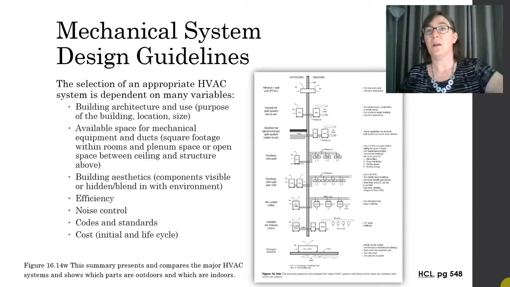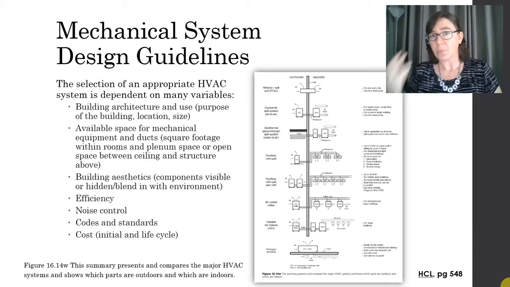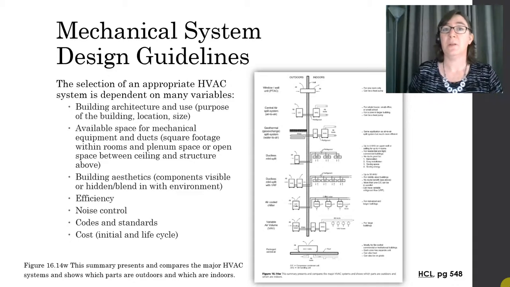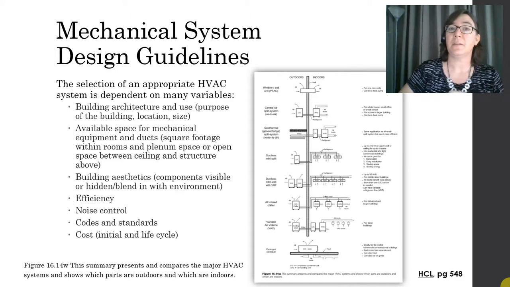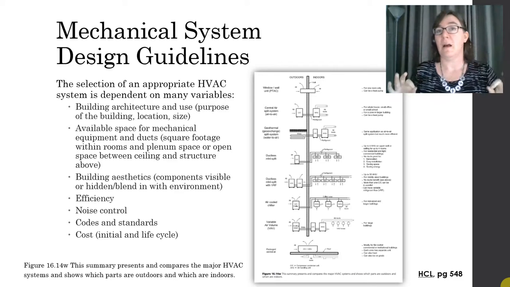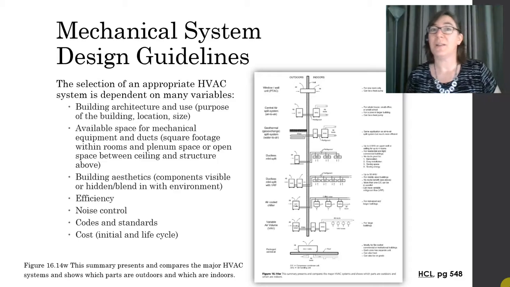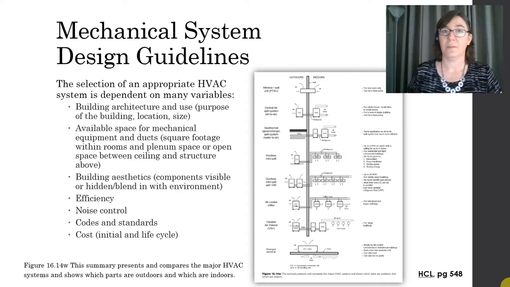It depends on many variables, such as the specific building size, location, and use, what space you have available, the particular building aesthetics, all right? But even more than those, it depends on efficiency, it depends on building codes, and absolutely the bottom line, it depends on cost, initial cost and life cycle cost.